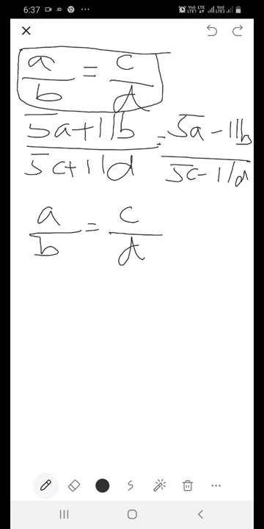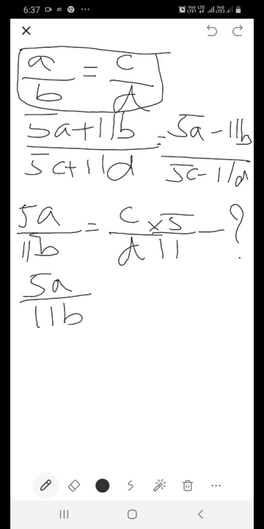So what you are going to do is multiply by 5 upon 11 on both sides of the given. And right here also multiplying by 5 upon 11 on both sides. So it becomes 5a upon 11b. This because by seeing the question I have seen that I want 5 and 11.